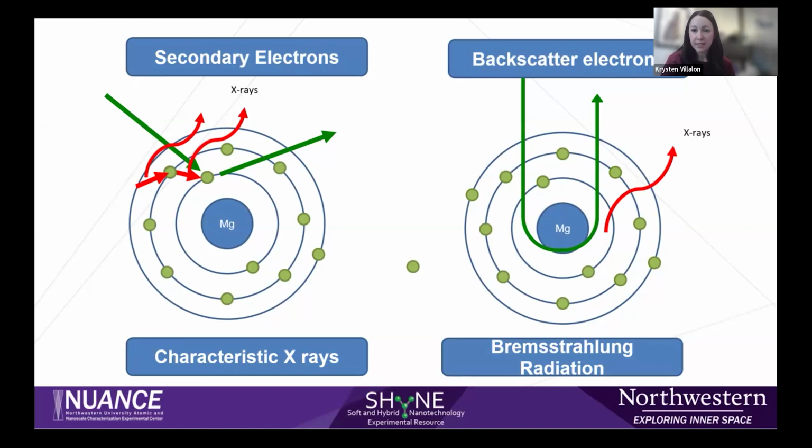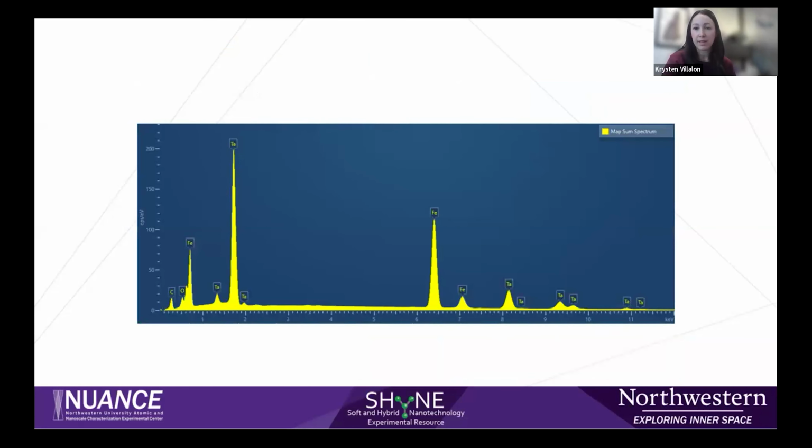And so this is a continuum of X-ray energies being released from the sample. We call this Bremsstrahlung radiation. And both of these will eventually, if you're doing EDS, lead to a spectrum that looks like this, where you get these narrow, tall peaks for the characteristic X-rays that help us ID our sample. And then you have this low-level background, which comes from your Bremsstrahlung.